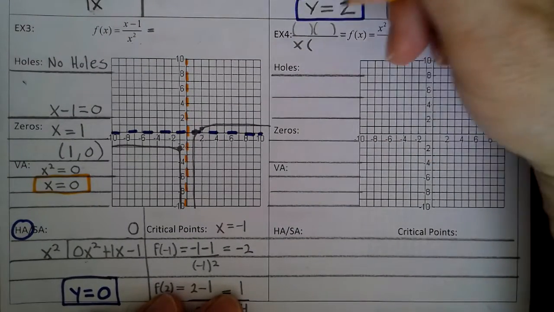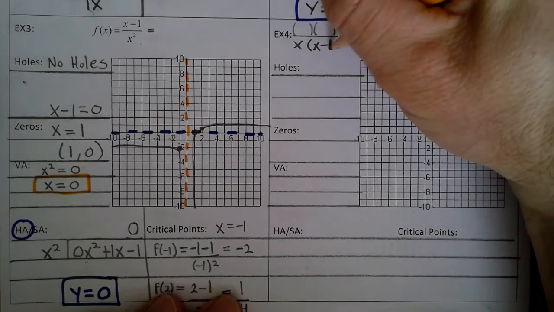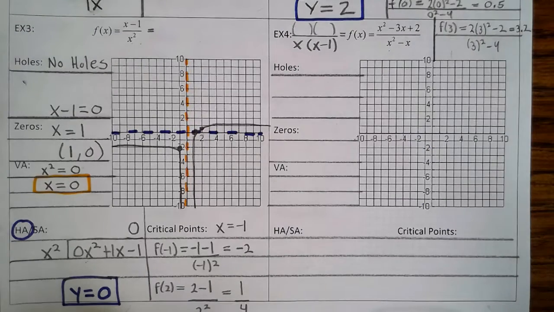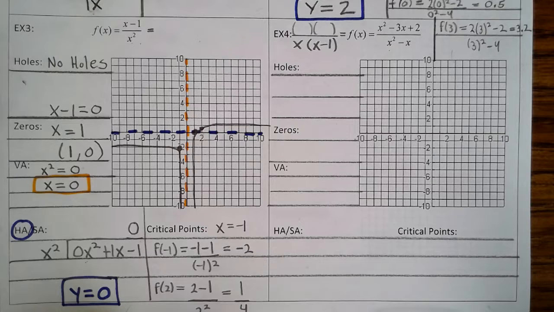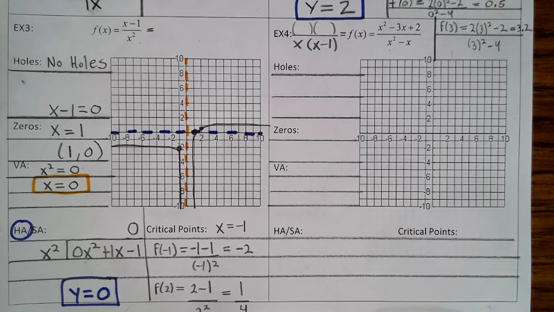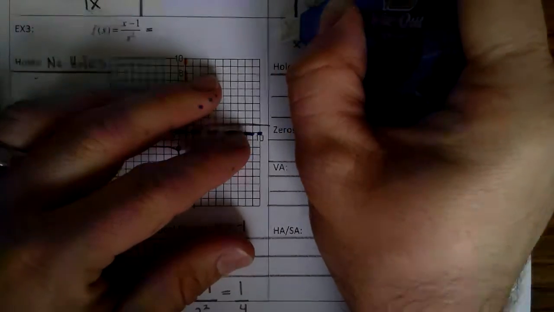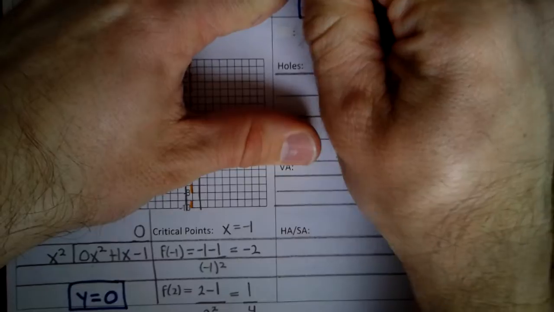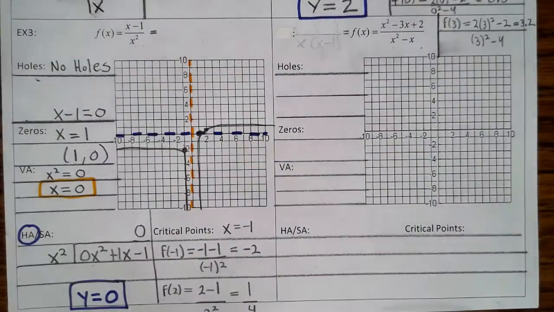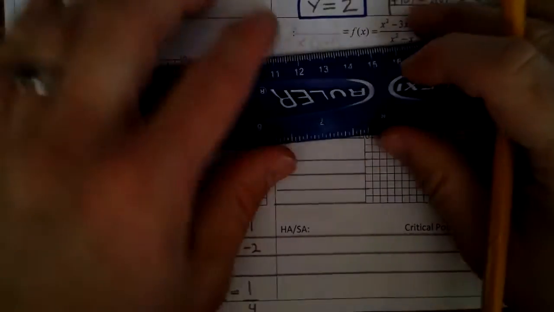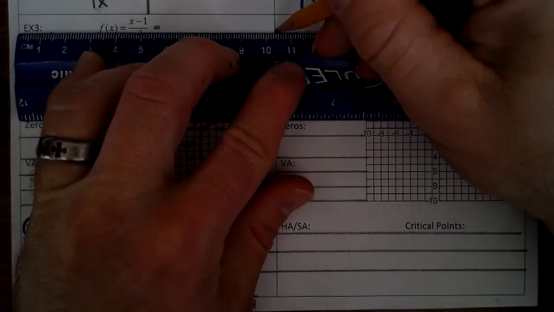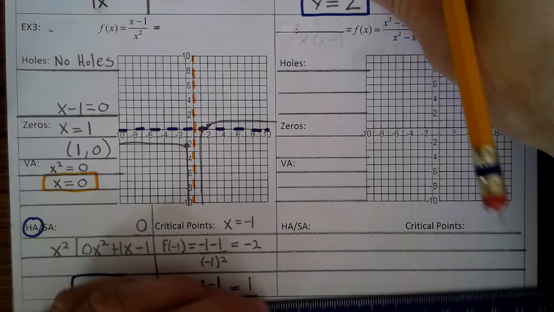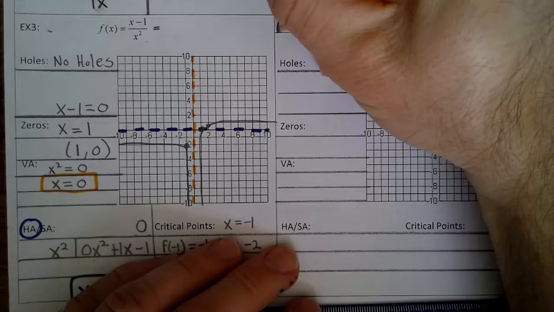If you have whiteout you might do that. I'm going to steal some space here so I can factor it better, so that way I can have 2 parentheses here. All right, so now x and x.